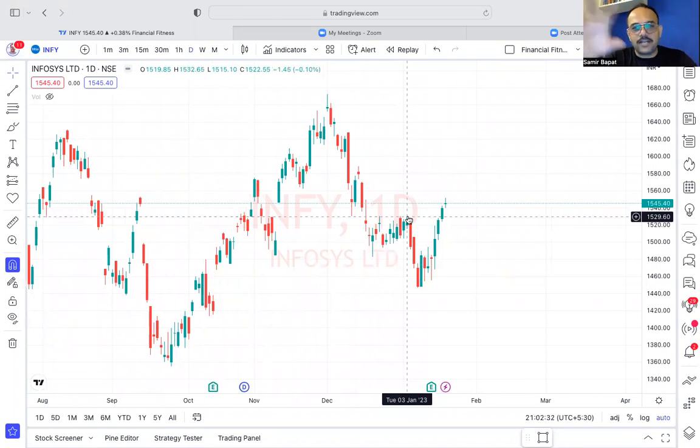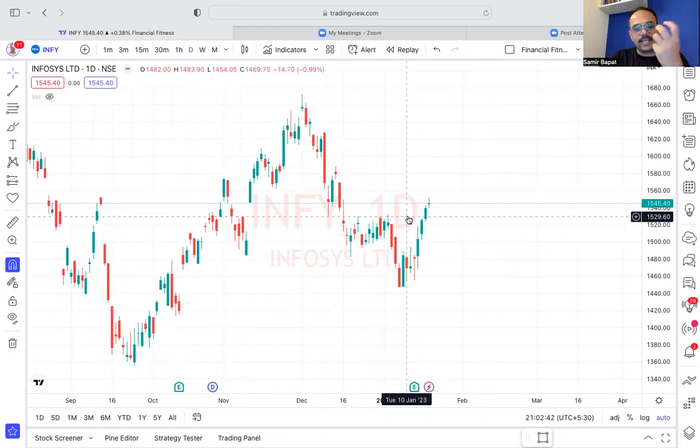Once we understand that, I will take you through a slide or show it directly here. First of all, this is the chart. I have taken the chart of Infosys. I'll be taking you through examples of Infosys and Reliance. So let's put the indicator first.